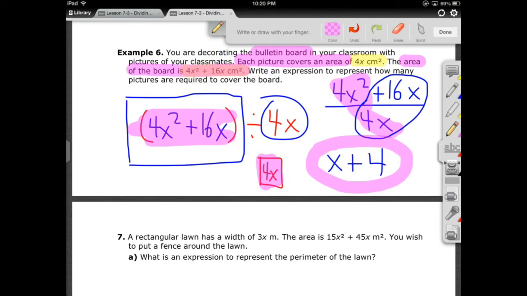So this was a kind of question where the big area got divided up by the area of all the small things, and that told us, believe it or not, how many of those small things we had. So I guess we could say x plus 4 pictures with this area make up the larger area.